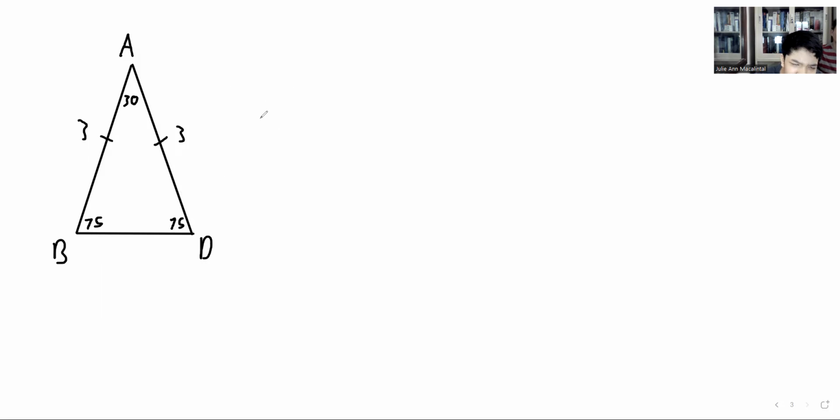So anyway, using the law of sines. The law of sines is for any triangle. Let's choose a different color.